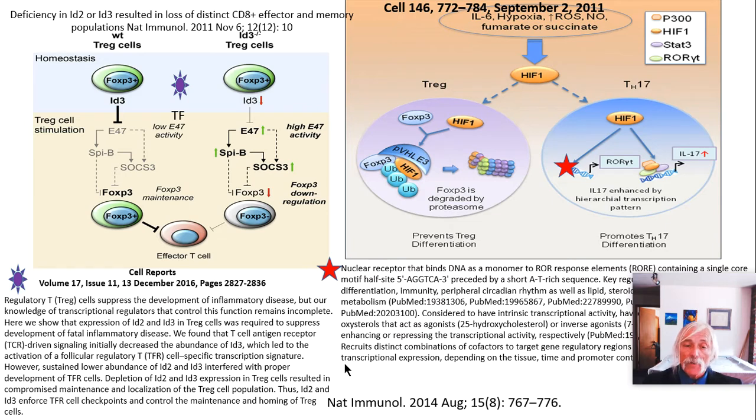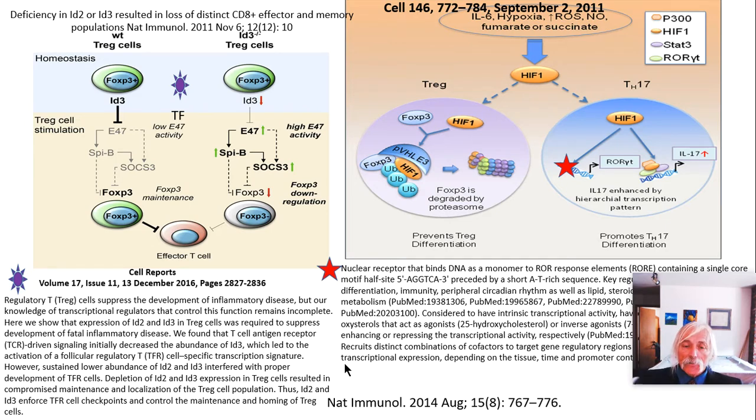I told you we're going to talk about them again. And that's going to turn on a specific transcription signature. However, a sustained lower abundance of ID2 and ID3 then interfered with proper development of the TFR cells.